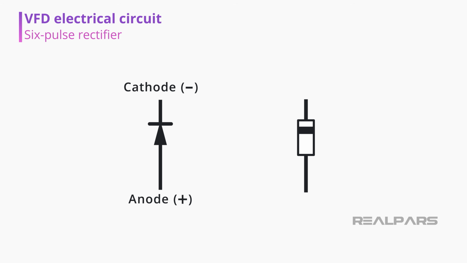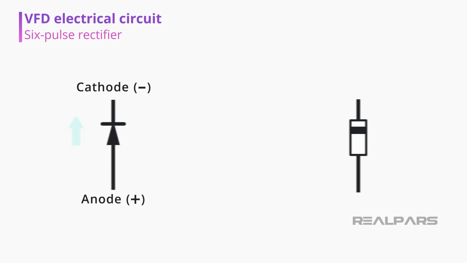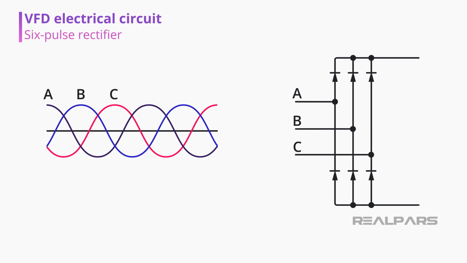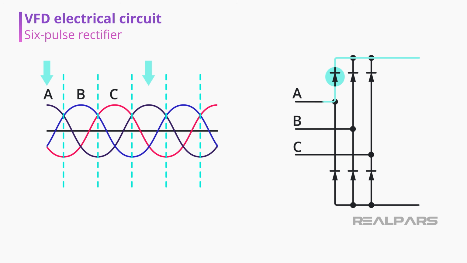The electric current passes through the diode in the direction of the arrow on the diode drawing. That is, the current goes from the anode to the cathode, as shown in this image. There will only be electrical current if the voltage at the anode is greater than at the cathode. Therefore, when we connect a 3-phase alternating current to the converter, when phase A is greater than phase B or C voltages, this diode opens, allowing current to flow.